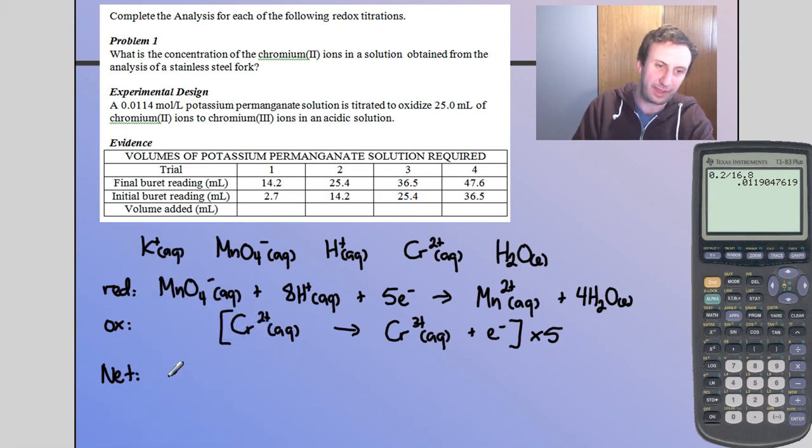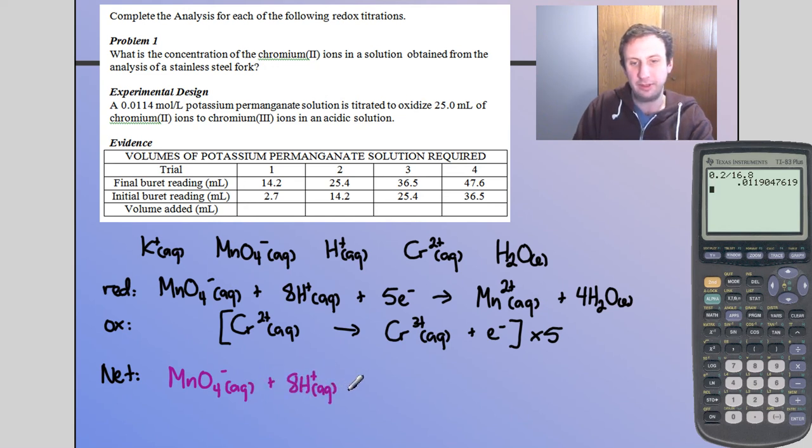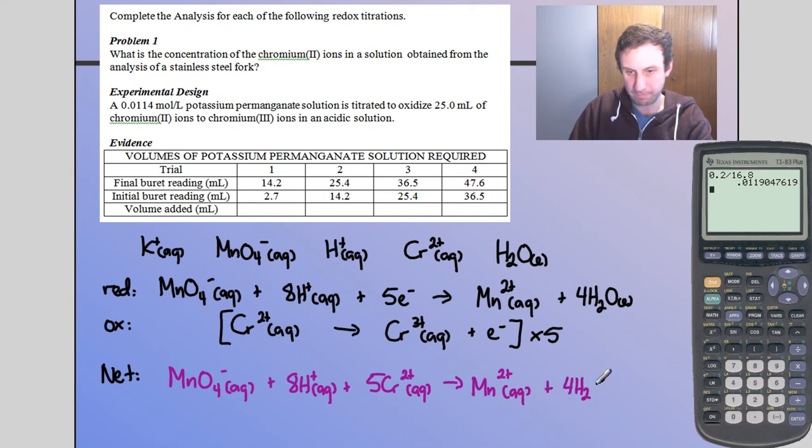So we've got MnO4- aqueous plus 8H+ aqueous, so no multiplying needed there, plus 5 chromium-2 ions gives us Mn2+ aqueous, 4 waters, and 5 chromium-3 ions.